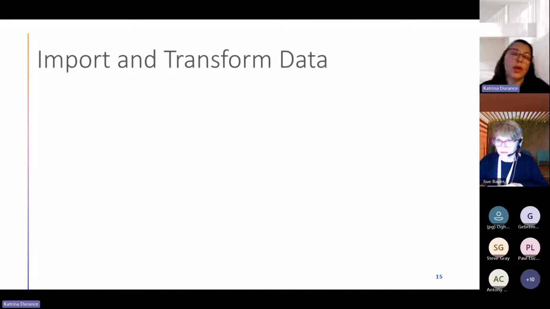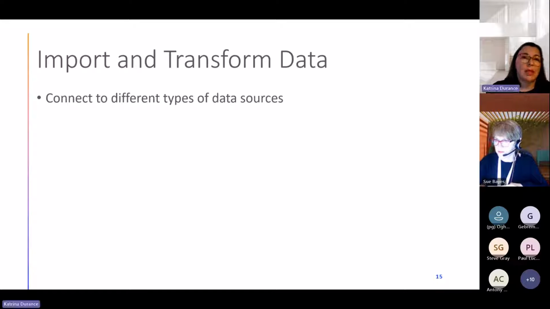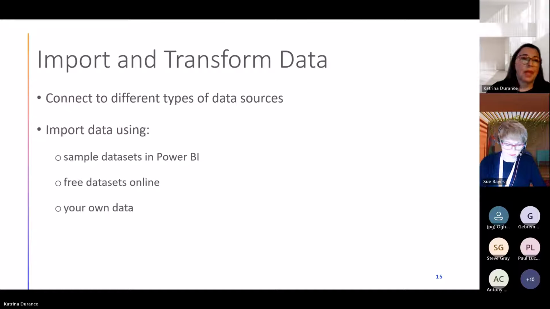The next thing you're going to do is import and transform that data. There are many, many connectors in Power BI, so you can connect to all different types of data sources. You can use sample data sets in Power BI, the ones I just mentioned under examples.